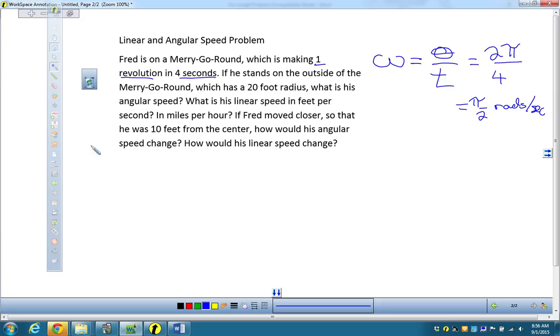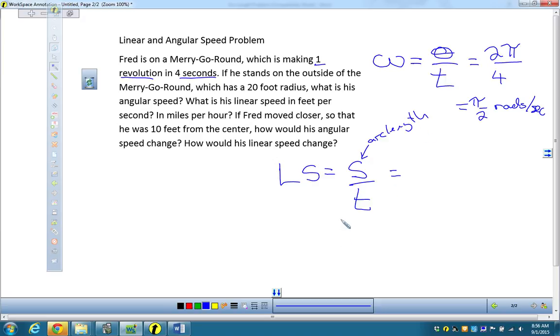So to find the linear speed, he's got a 20-foot radius. The linear speed, which we'll call Ls, is equal to S divided by T, where S is the arc length. How do I find the arc length?